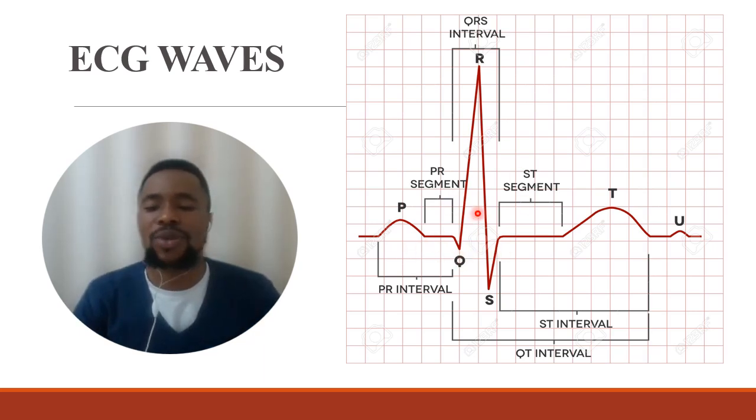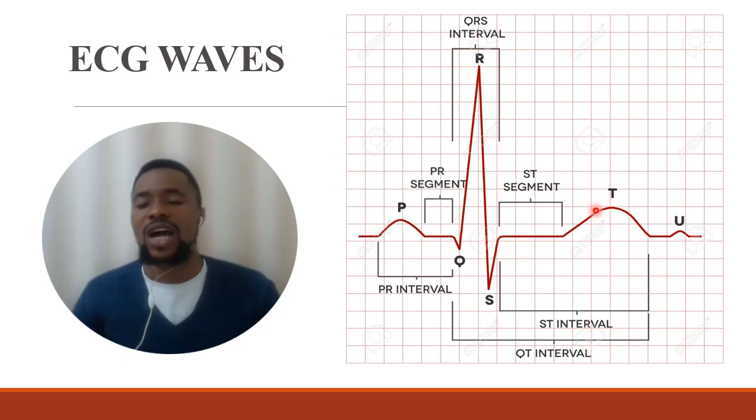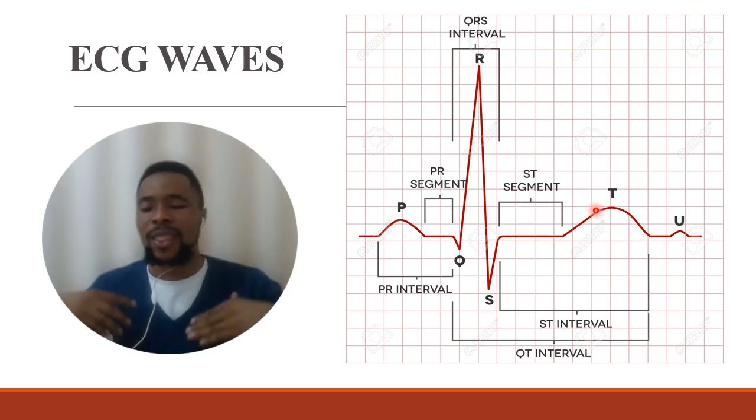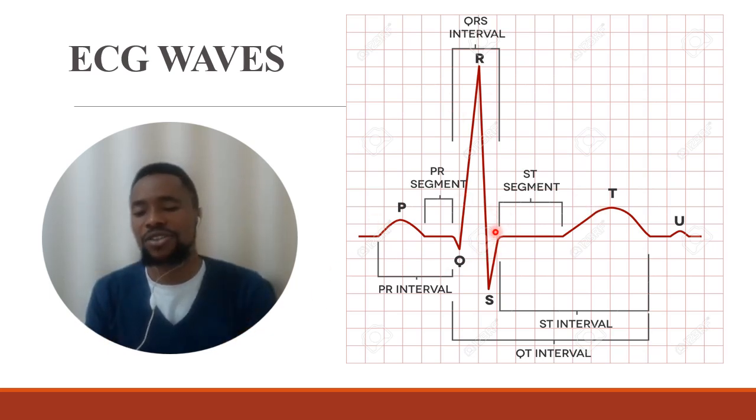Then the QRS complex indicates ventricular depolarization, not contraction. So this is ventricular depolarization and the T wave is ventricular repolarization. I know you'll be wondering, where is atrial repolarization? It's actually embedded in the QRS complex. It's a very minute activity, so you can't see it.